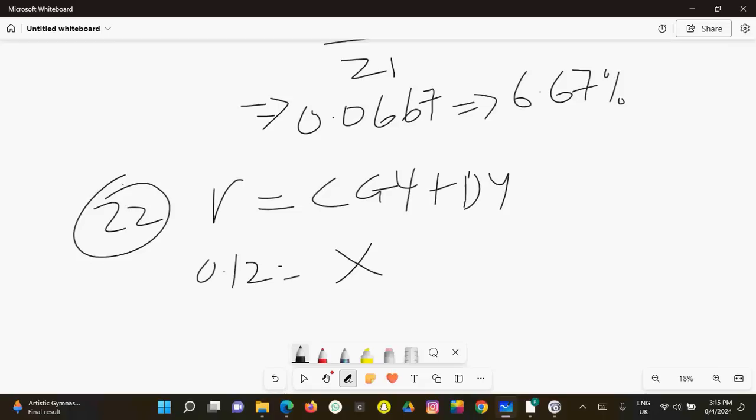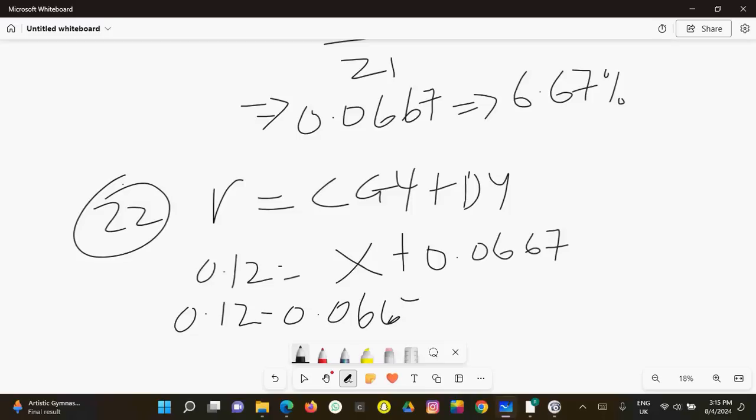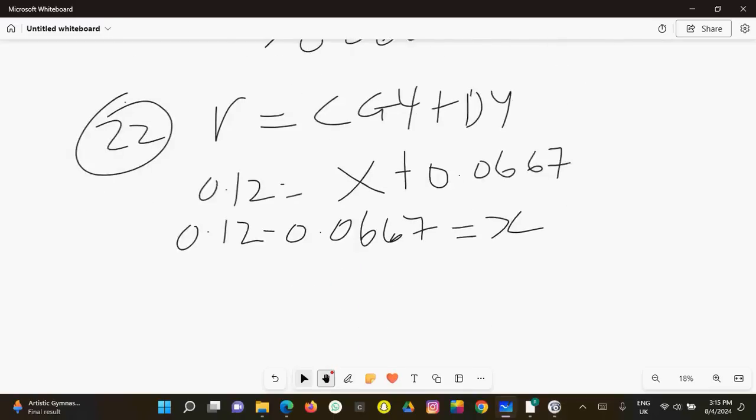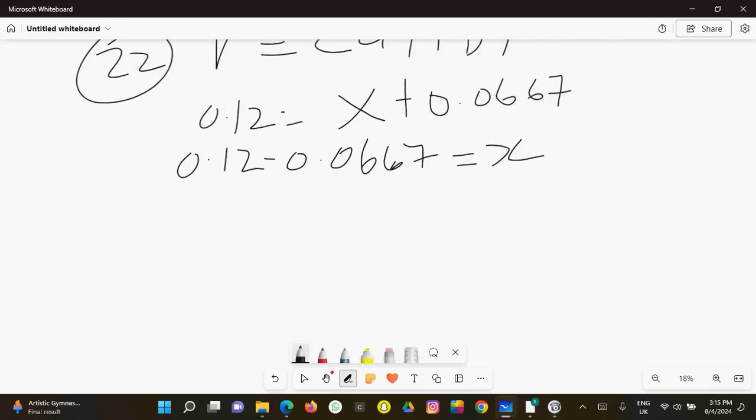The dividend yield is 0.0667, so when we bring it here, 0.12 minus 0.0667. We're going to get 5.33. So the capital gain yield is going to be 5.33%.